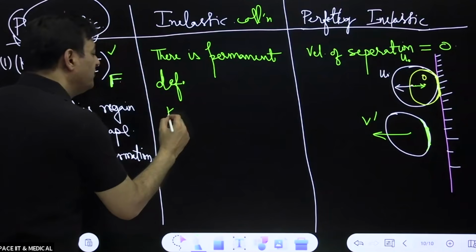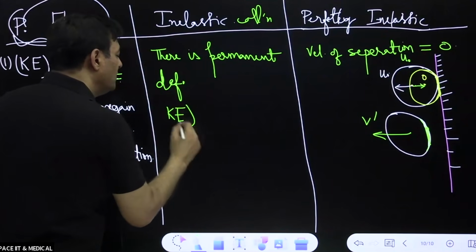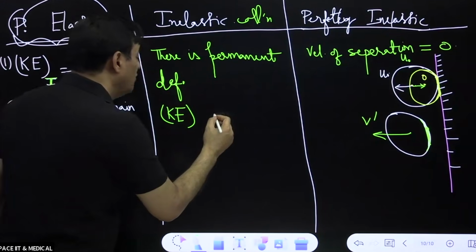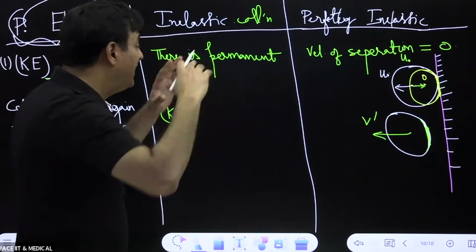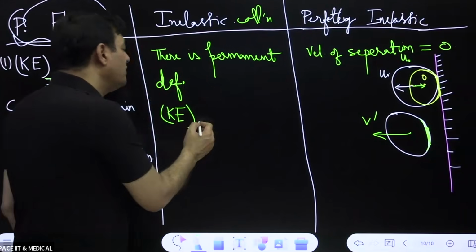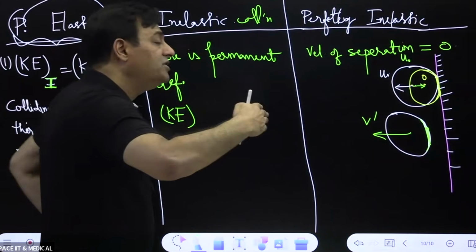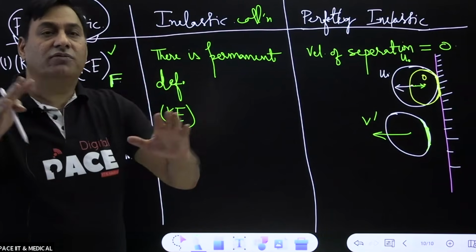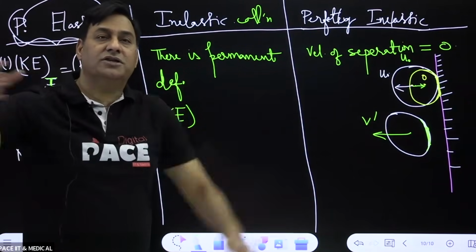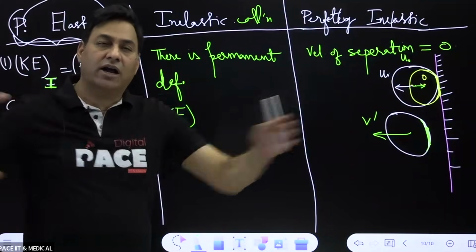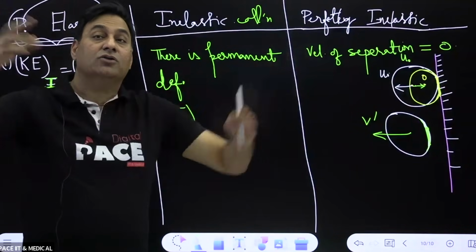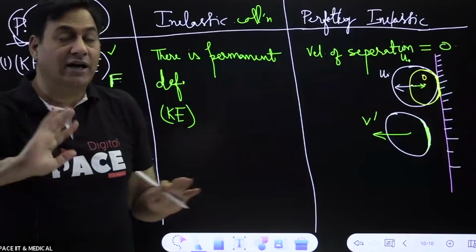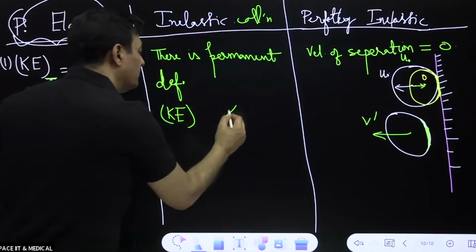Will kinetic energy be conserved in the inelastic case? No, it will be lesser than the initial kinetic energy, and some kinetic energy has been converted to heat or deformation or any kind of sound energy. जब एक कार और ट्रक टकराएंगे तो एनर्जी साउंड की भी होती है, तो वो काइनेटिक एनर्जी से किसी और फॉर्म में कन्वर्ट होके लॉस हो गया. Kinetic energy will not be conserved here.